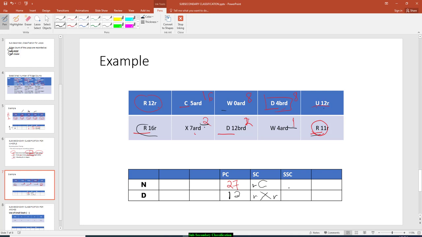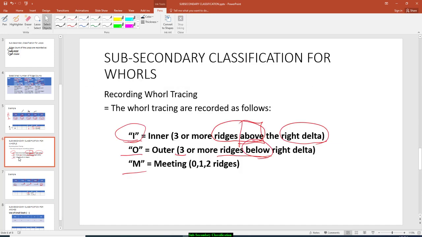Let us move to subsecondary for whorl. So here, for the index finger for right, we have 5 ridges above right delta. So let us go back on the bracket. 5 ridges above right delta.